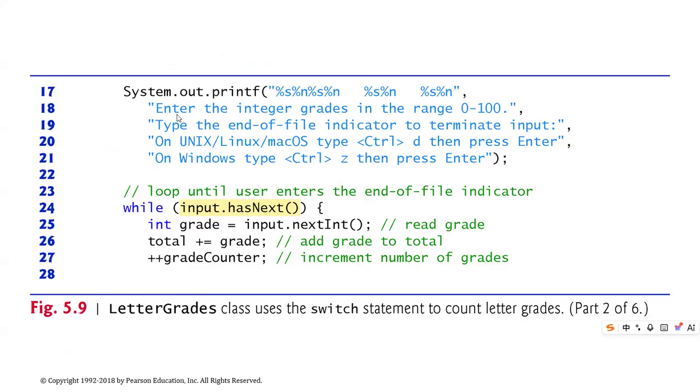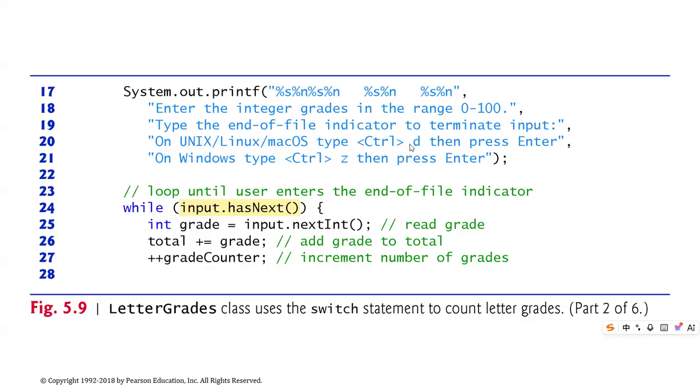And then it has some System.out.printf, a formatted output, like enter the integer grades in the range of 0 to 100, and type the end of file indicator to terminate the input. Okay, it gives us an indication to terminate the input.